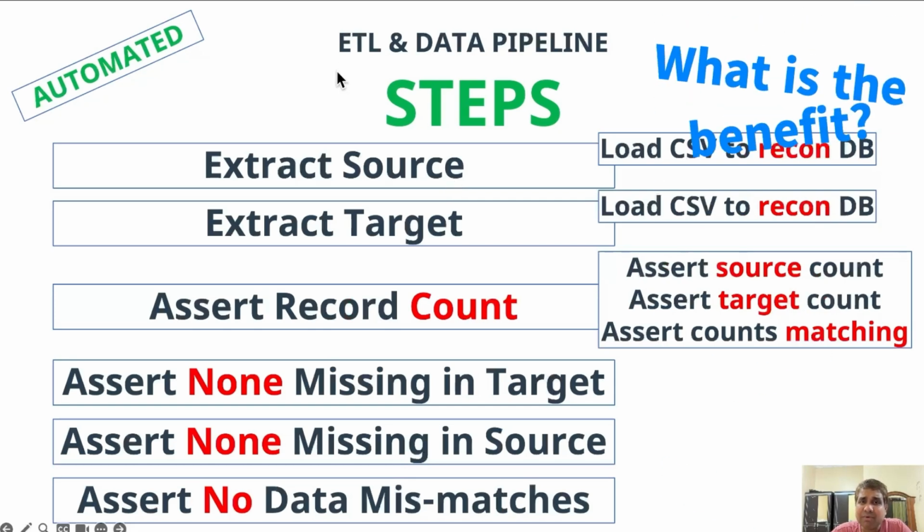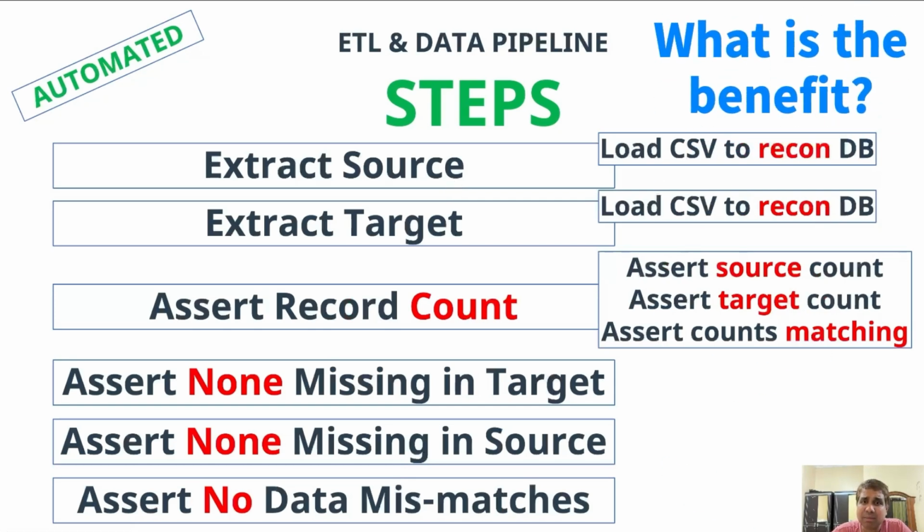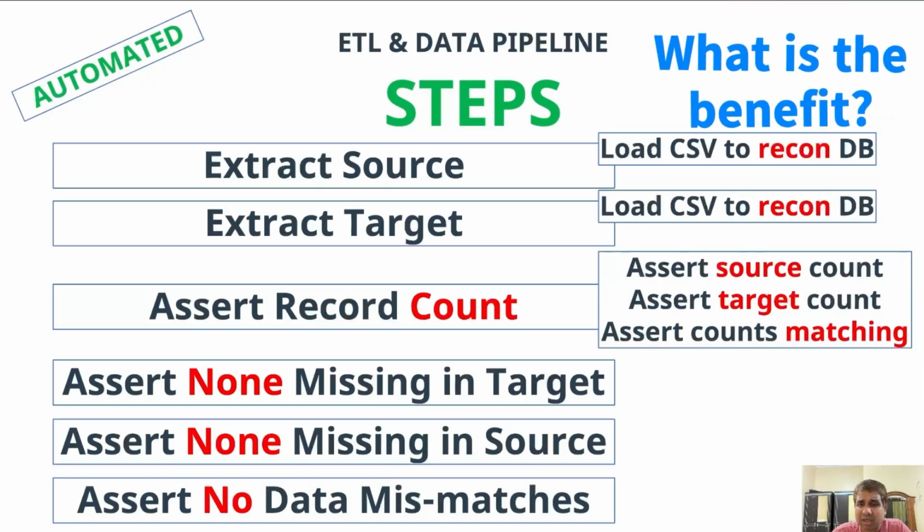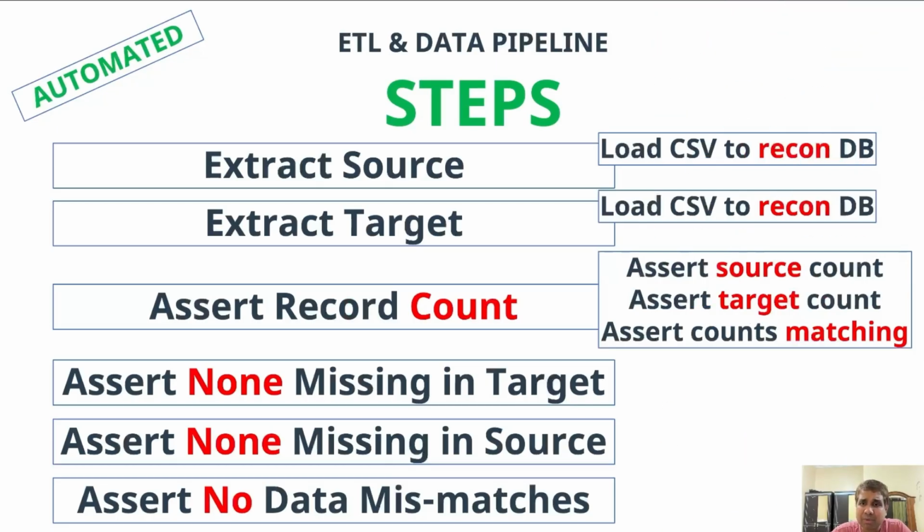So what is the benefit here? You have already tested in a manual way. Why do you have to automate it? Automation will help you to go hands-free. You don't have to manually type, manually go and click, all these things every time. Once you know what tasks you are doing manually, fit those into the steps here and with just the click of a button or a command, everything is going to run automatically and give you the feedback.